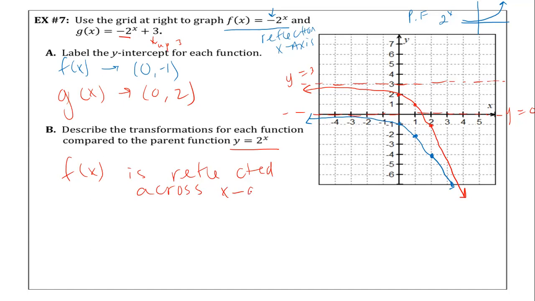We just know that your parent function is always whatever the base is, just to the x power. So if it was 3 to the x plus 5, your parent function is 3 to the x. Okay. So what happened to g of x compared to its parent function? What do we do?